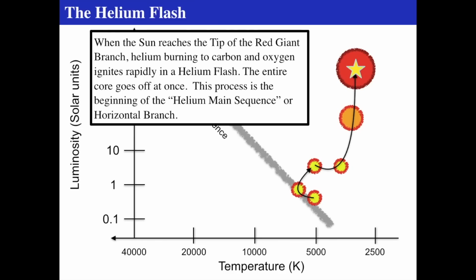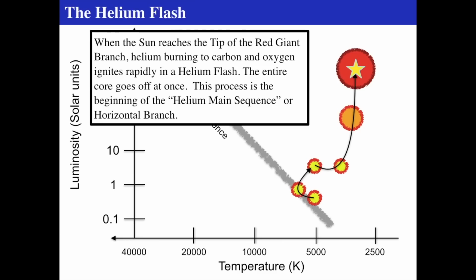This degenerate state needs to be lifted away when it gets hot enough so that when fusion starts to occur, it releases more energy, which can be given to the electrons, and therefore they can participate in the support of the star. And so now we go after the helium flash, where this all begins at once.